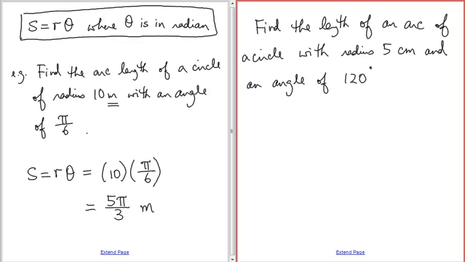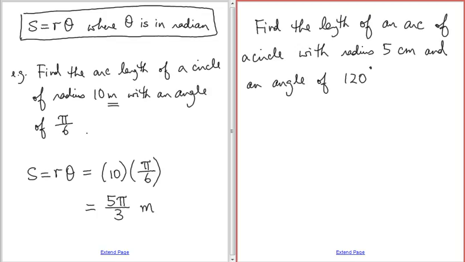So wait a minute. Can I go into the formula? Do I know what is the r? 5 centimeter. Okay, we got r. How about the theta? Do we know the theta? The theta is 120 degree.